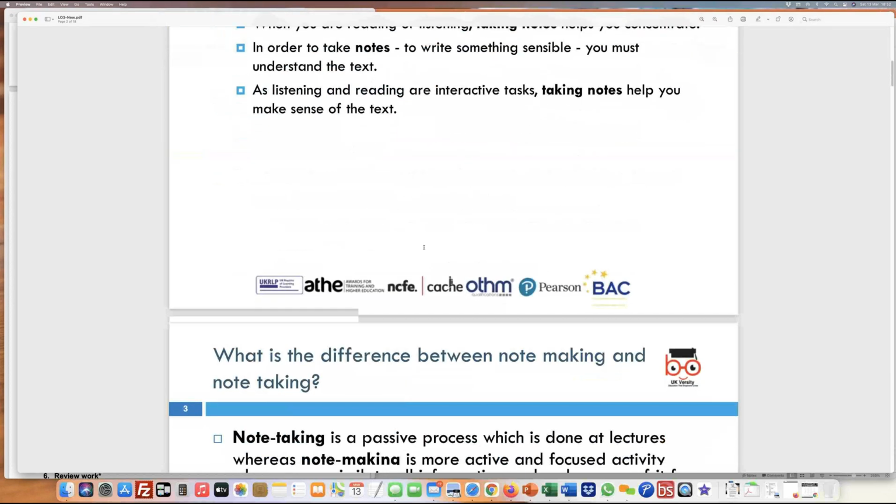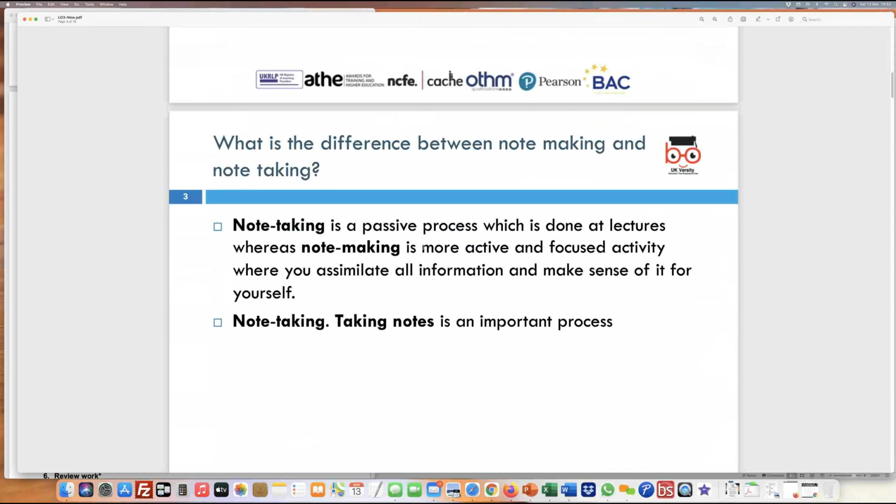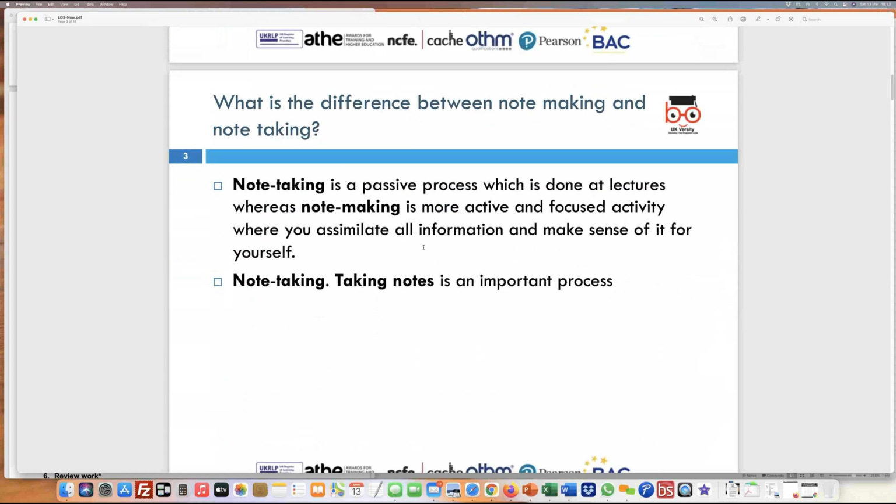Now sometimes you're also asked to make notes. That means you are making the notes. So what will happen is you'll be given some pieces of information. And when I mentioned the process of active listening, sometimes you're listening to the lecture like you're doing it now, because you're listening to me live, this process would be what is called active listening.